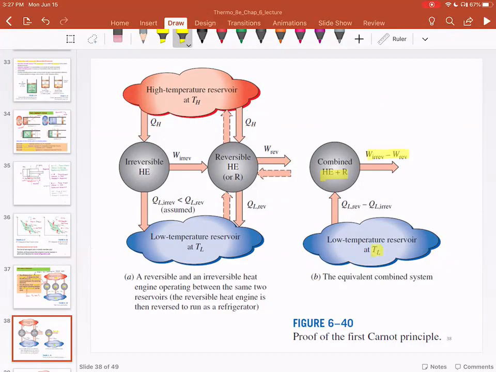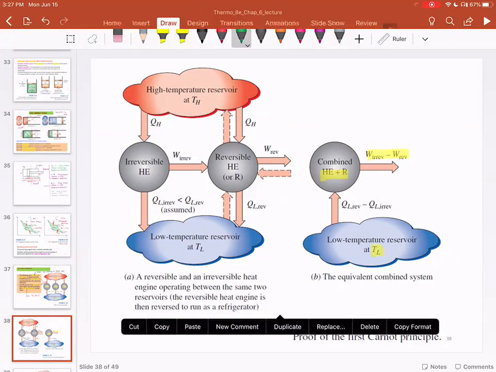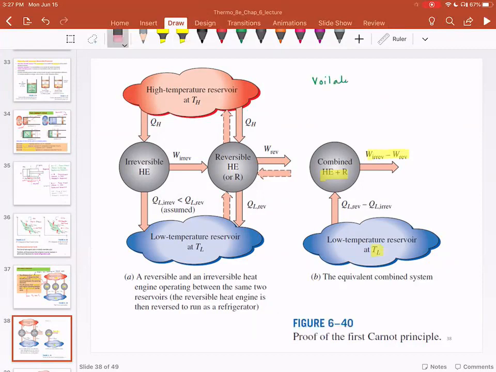So how do I violate the Carnot principle? This may need a little discussion because it is not quite obvious. So I'm going to violate the Carnot principle.